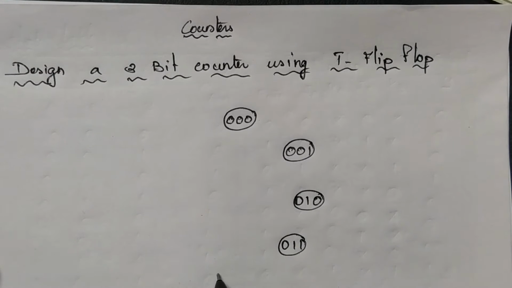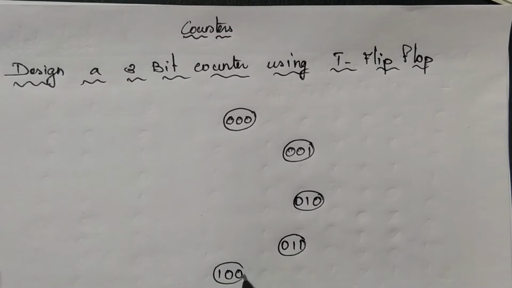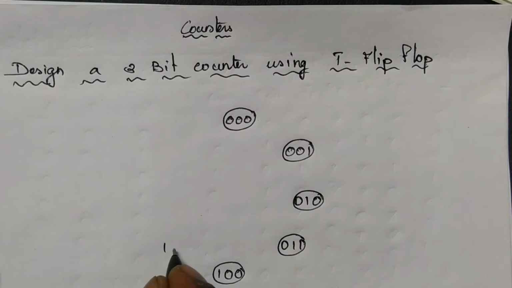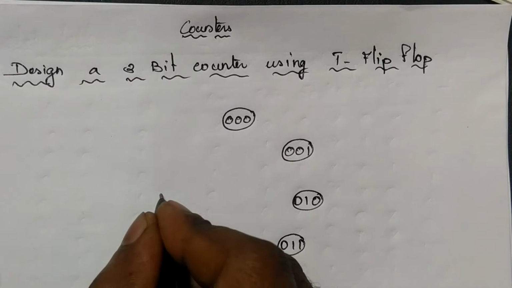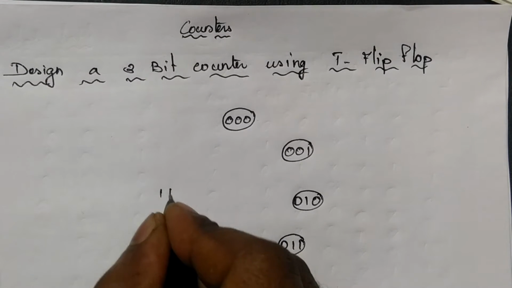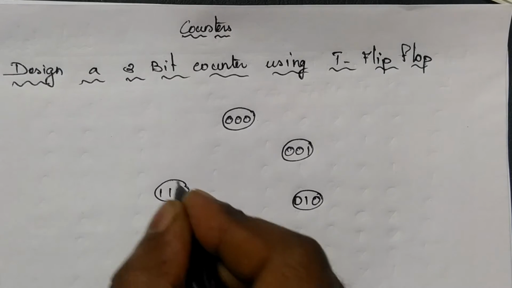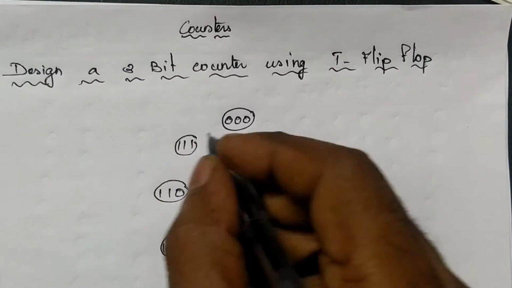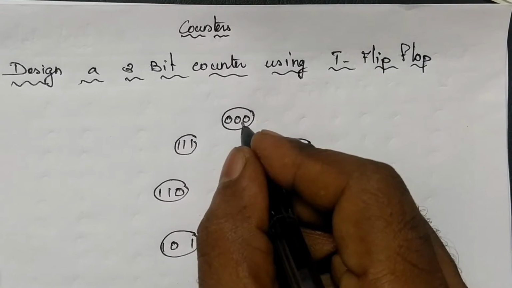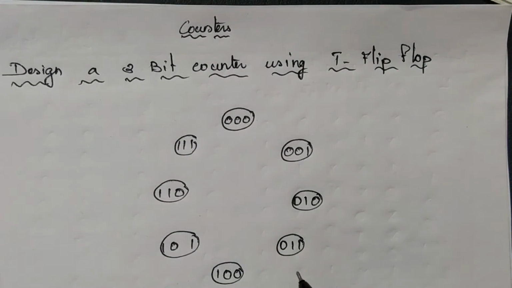And the next value is 1, 0, 0. And the next one is 1, 0, 1. Next one is 1, 1, 0. And the last value is 1, 1, 1. After that it resets to 0, 0, 0 and it goes on counting.